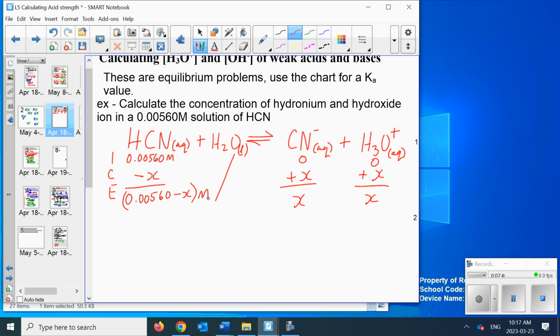You're going to notice it really makes very little difference anyway. Here's the thing: we've got to assume this is a weak acid. What you do, you're going to write this down: assume X is small.